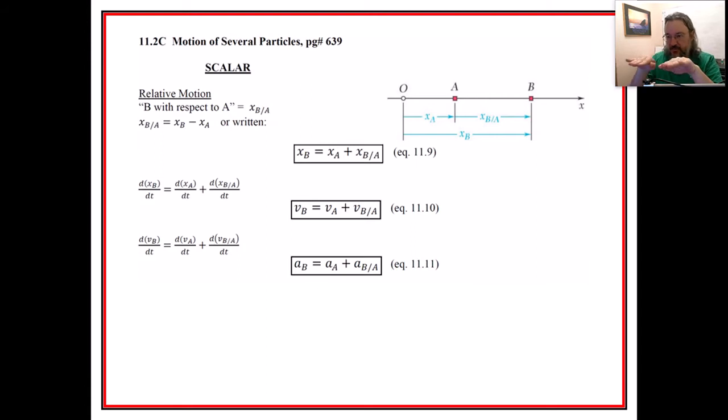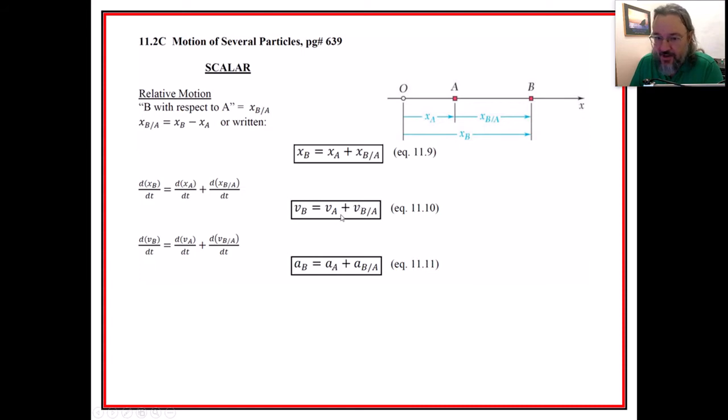As you're passing the person, it could appear that you're traveling maybe 15 miles an hour faster than them. If you're going 75 and they're going 60, it'll look to you as a driver or passenger as if you're going 15 miles an hour faster, and that's your relative velocity. That would be v_B/A.